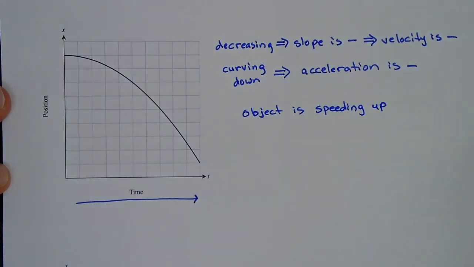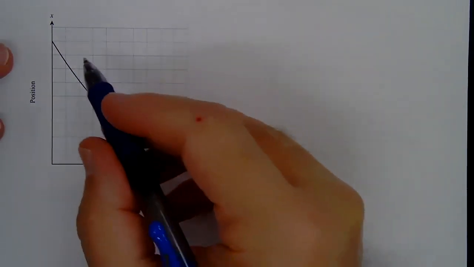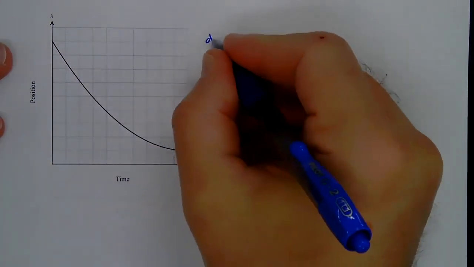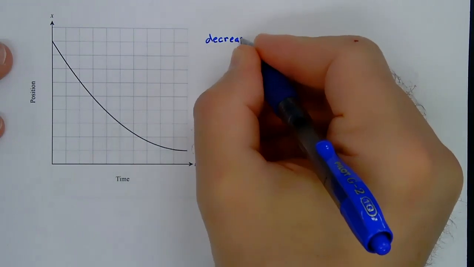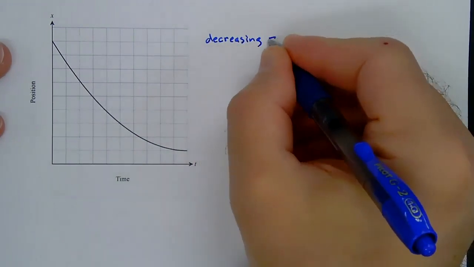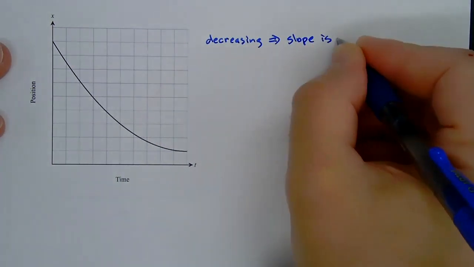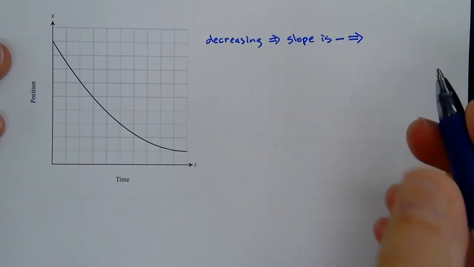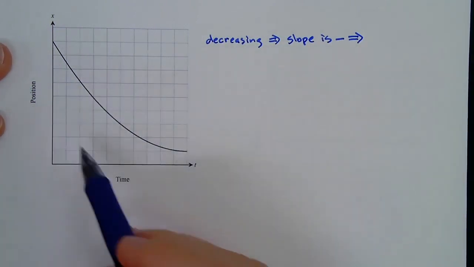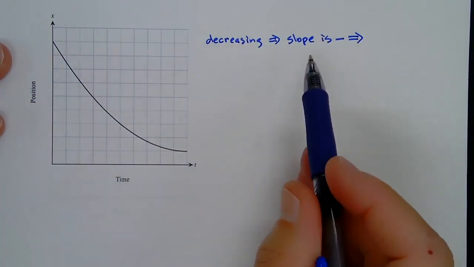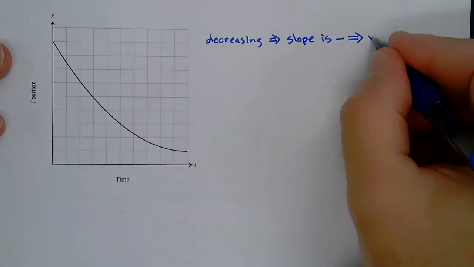All right, next one. What I'm doing is going through the four situations that can happen with increasing and decreasing and the curvature of the graph. For this one, once again, it's decreasing. Since it's decreasing, the slope for this graph is negative. Since the slope is negative and this is a position time graph, the velocity is also negative.